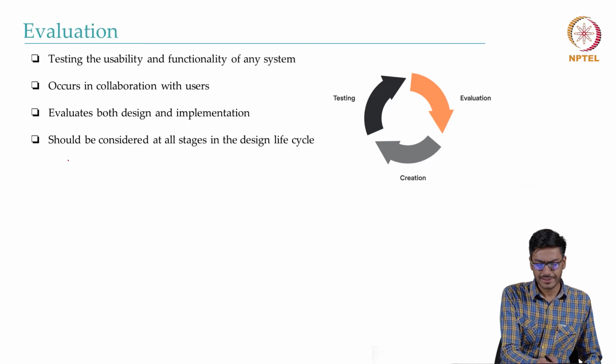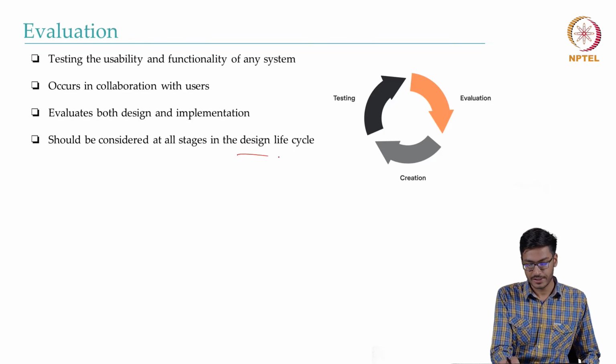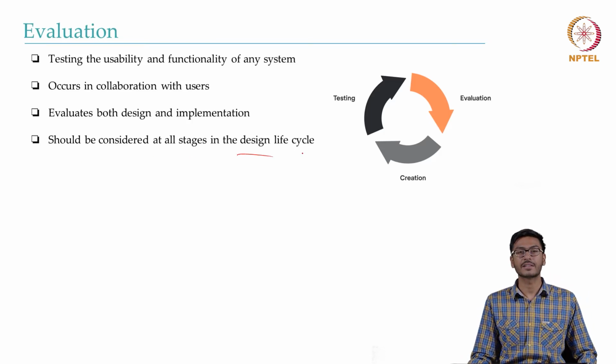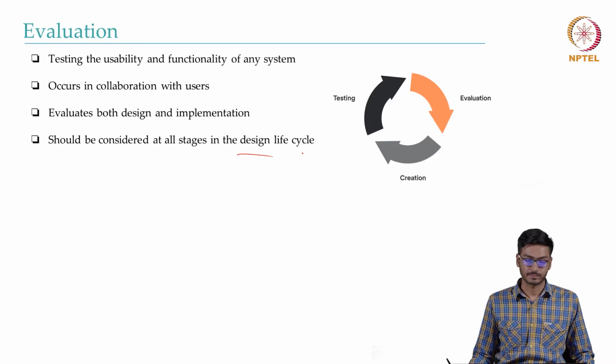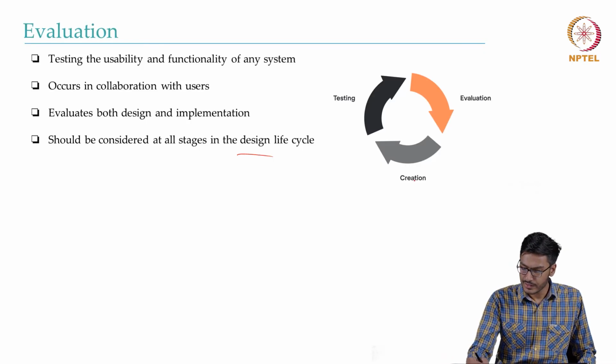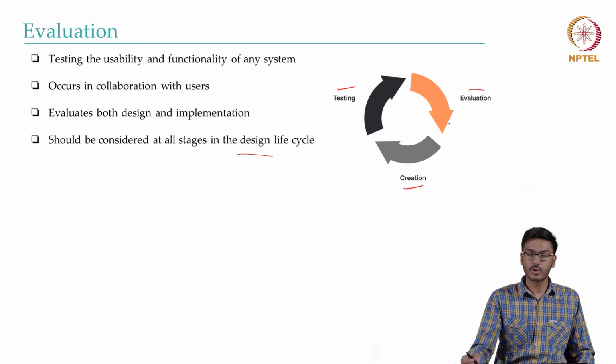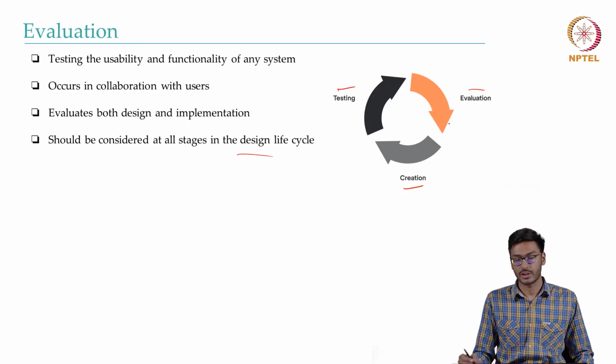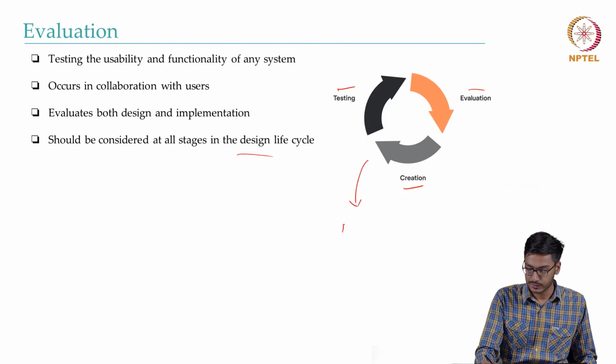It should be considered at all stages in the design process, which simply means that we should be considering evaluation during all the stages of the process. This includes evaluation during establishing requirements, creating alternative designs, developing prototypes. As you can see here, the process of creation, testing, evaluation goes on until we reach our final product.